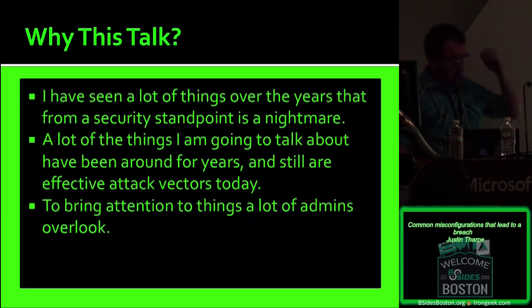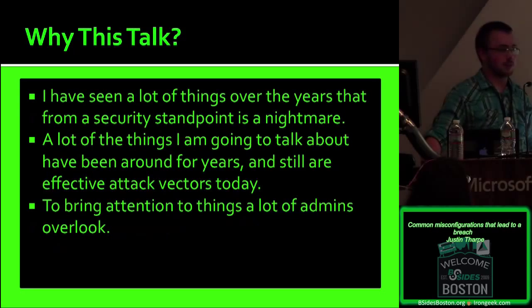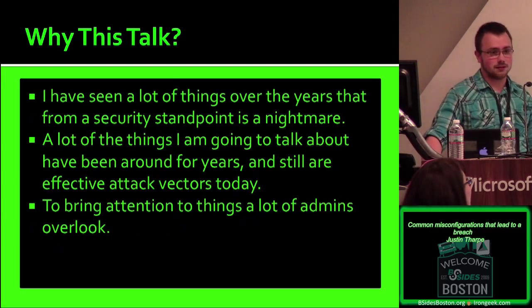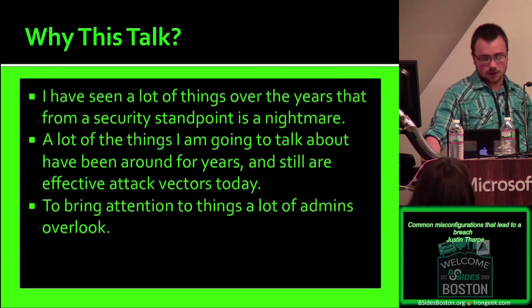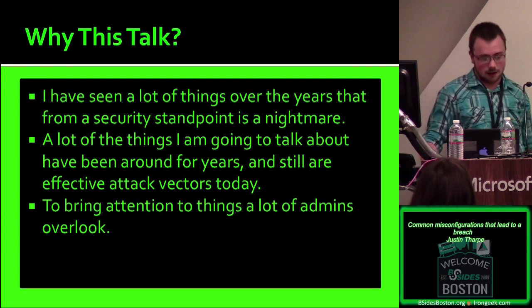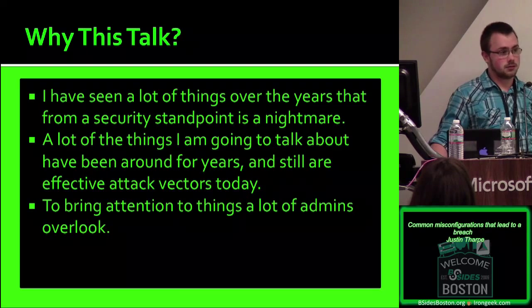I'm doing this talk mainly because after 10 years of implementing systems, you start to see a lot of repetitive things configured incorrectly that really can lead to some serious security problems. I only picked 5 to go over.